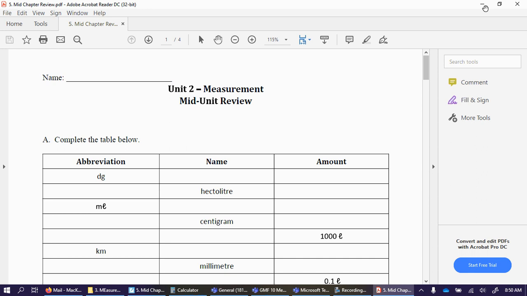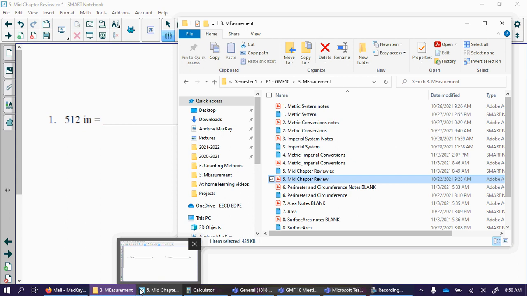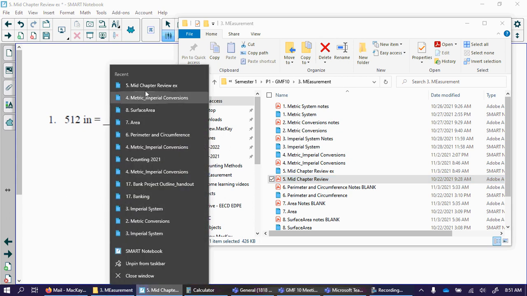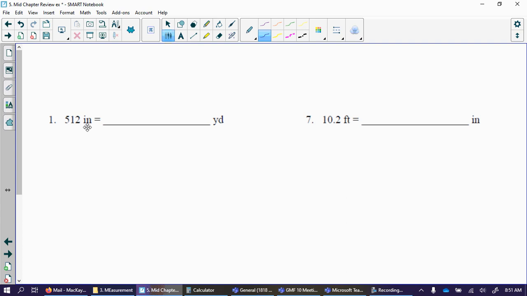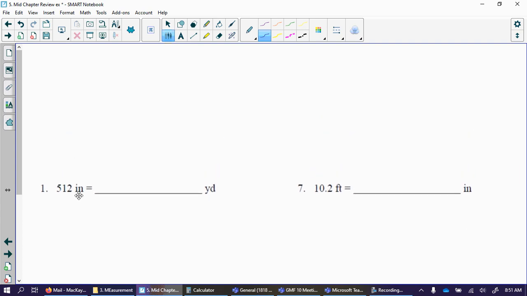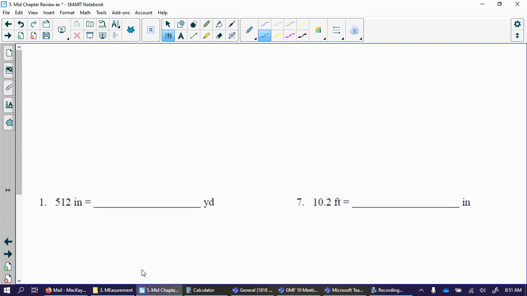Okay, apparently you can't. We're going to open that one because I know there's an image there, because I'm going to steal the big picture thing. Inches to yards.